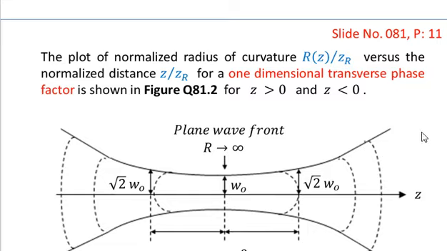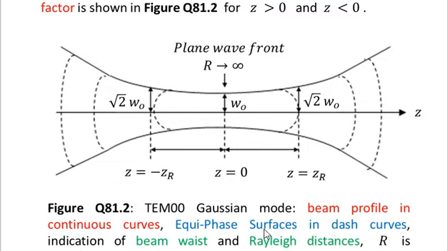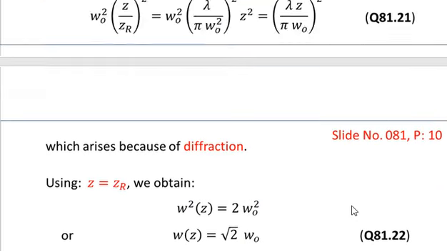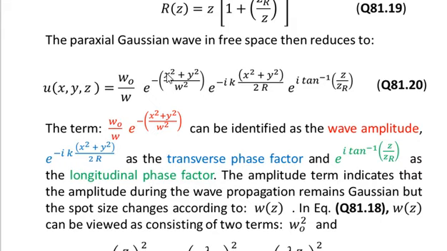So these solid lines are actually the beam profile, and this beam profile is represented by this term, which is the Gaussian term, e to the power minus x square plus y square over w square. And in this figure we have plotted either x square over w square or y square over w square. That is, one of the variables is what we have plotted, because we cannot plot two-dimensional variables in a one-dimensional figure.